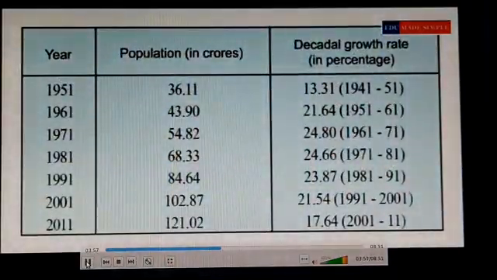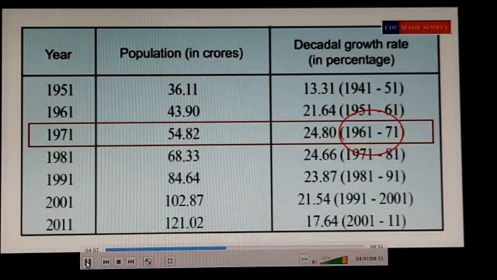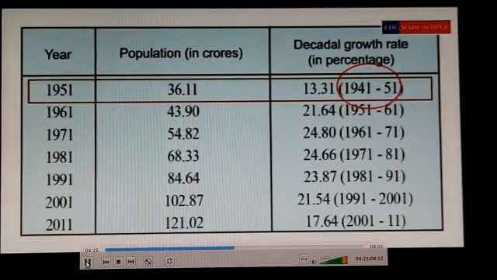Here is given population growth of India. From this we can understand decadal growth rate is maximum between the period of 1961 to 1971. Likewise, decadal growth rate was minimum between the period of 1941 to 1950.